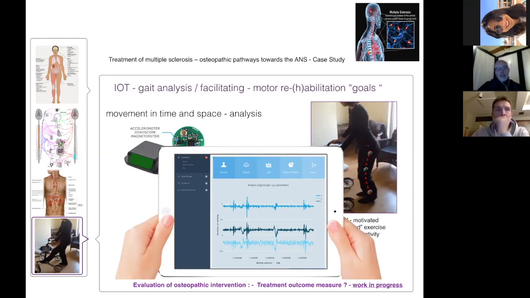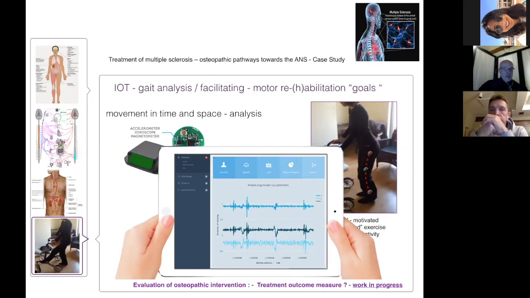So they don't see it as a marker of, oh, I've done good or bad, but a marker of continuity of ability. That changes their mindset towards exercise and towards their own rehabilitation, which is hopefully facilitated through my intervention within our treatment.